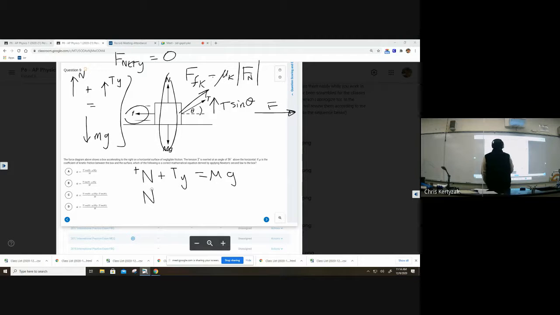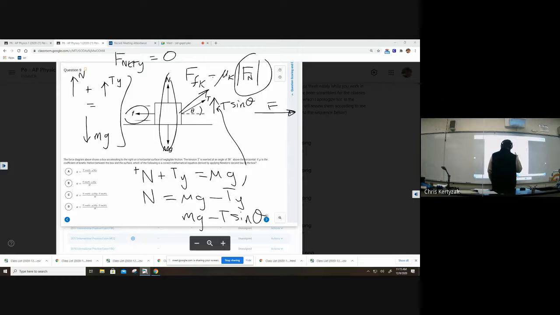We're solving for the normal force. Why are we doing that? Because we need it over here. I'm just putting Fn, but we'd end up with mg minus Ty. But Ty, remember, is this piece right here, T sine theta. That is the equation for the normal force in magnitude.